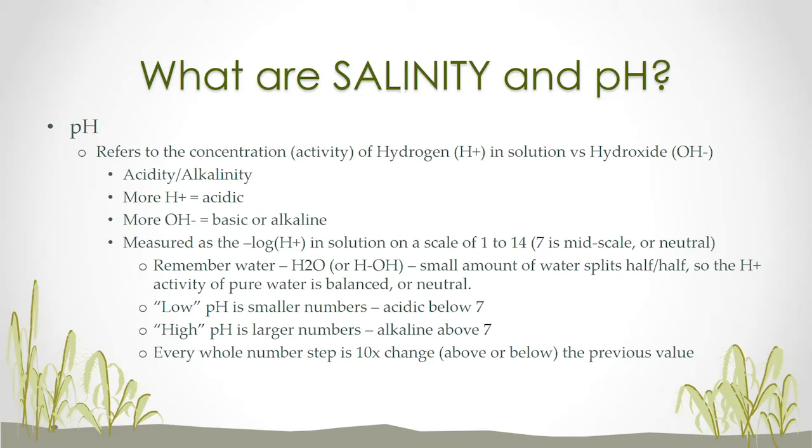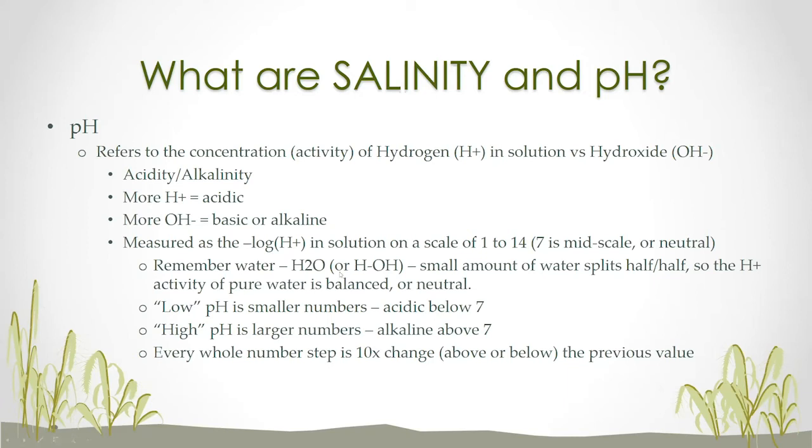I don't want to go into a lot of gory chemistry detail, but we measure pH as the log of the hydrogen activity. So we get a value somewhere between 1 and 14, with 7 being right in the middle of that scale. And the reason that is the case is that we use water as a reference. Water is kind of the basis for all life on this planet, and it turns out to be our reference medium for pH.